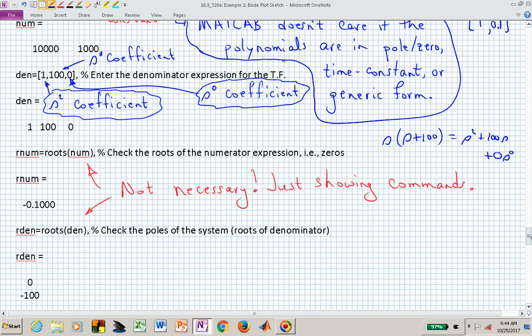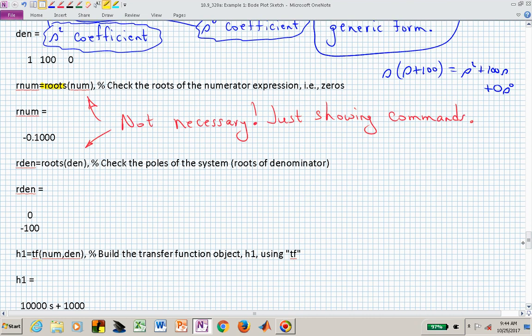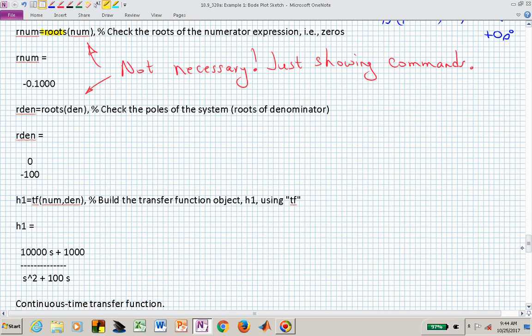We could check those roots if we wanted to. It's not necessary, but if we wanted to find the roots of a polynomial, we just issue the roots command in MATLAB. We can do that for both the numerator and denominator, and we can check our work. We can now use the built-in transfer function command in MATLAB, TF, putting in the numerator for the first argument, the denominator for the second argument, and now we have this transfer function object that we've called H1, and that does look consistent with what we wanted.